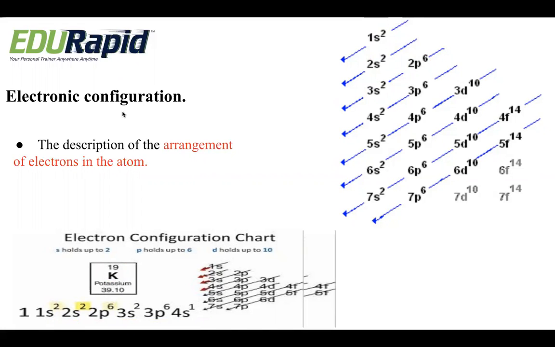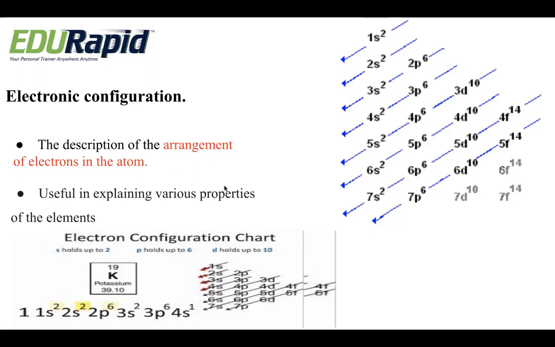It is useful in explaining the properties of the elements. Based on the number of electrons present in the last shell, that is the outermost shell, it will determine whether the element is a metal, a non-metal, or a metalloid. So based on the number of electrons in the outermost shell, the electronic configuration will define its properties.